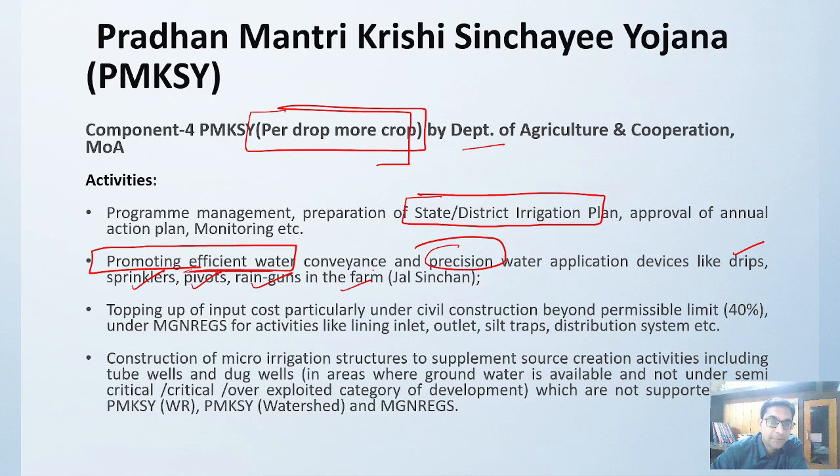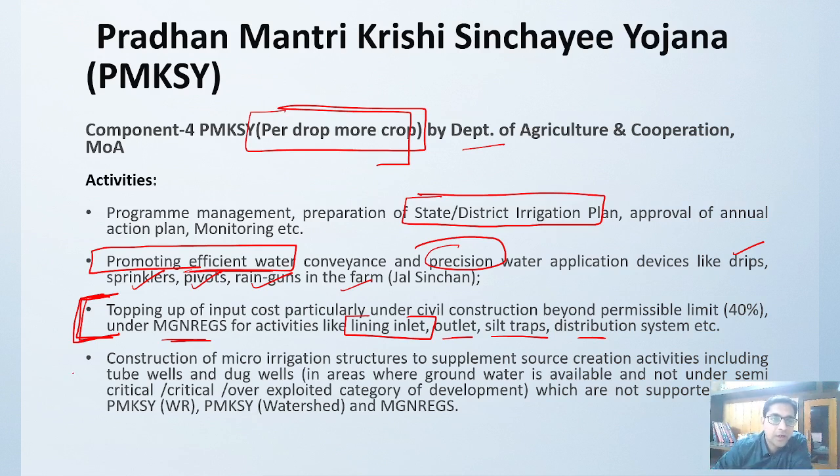We can utilize MGNREGA activities, such as joint lining, inlets, outlets and silt traps. We can utilize MGNREGA labor for properly running these precision irrigation techniques.